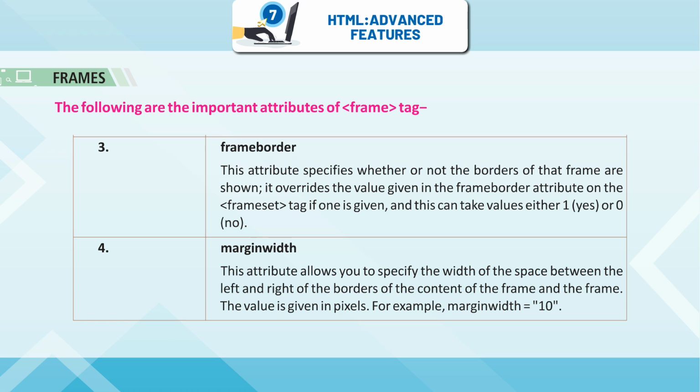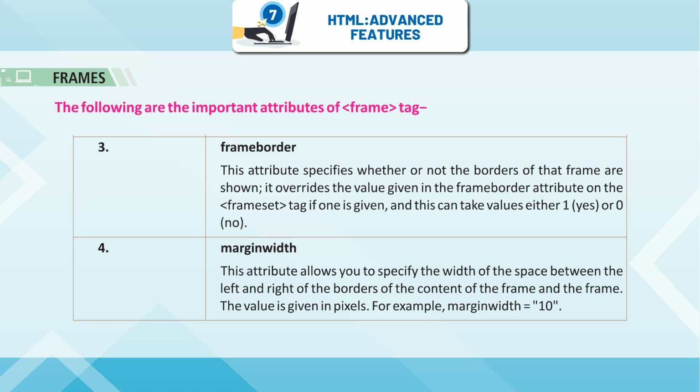3. Frame border. This attribute specifies whether or not the borders of that frame are shown. It overrides the value given in the frame border attribute on the frameset tag. This can take values either 1 (yes) or 0 (no). 4. Margin width. This attribute allows you to specify the width of the space between the left and the right of the borders of the frame and the content of the frame.